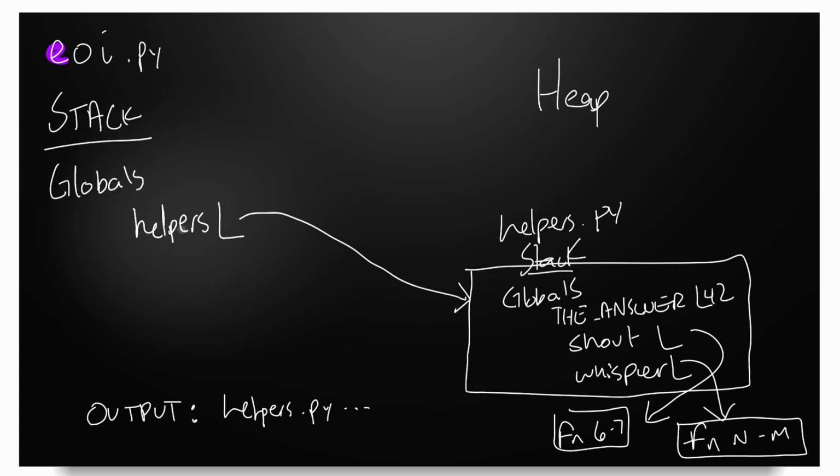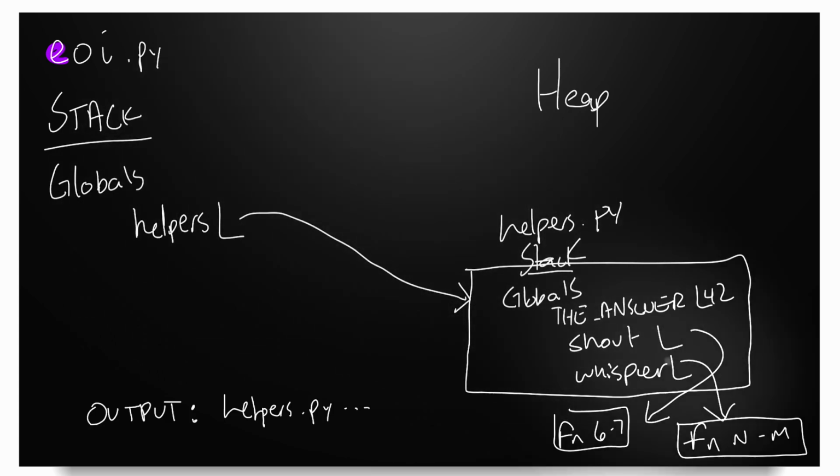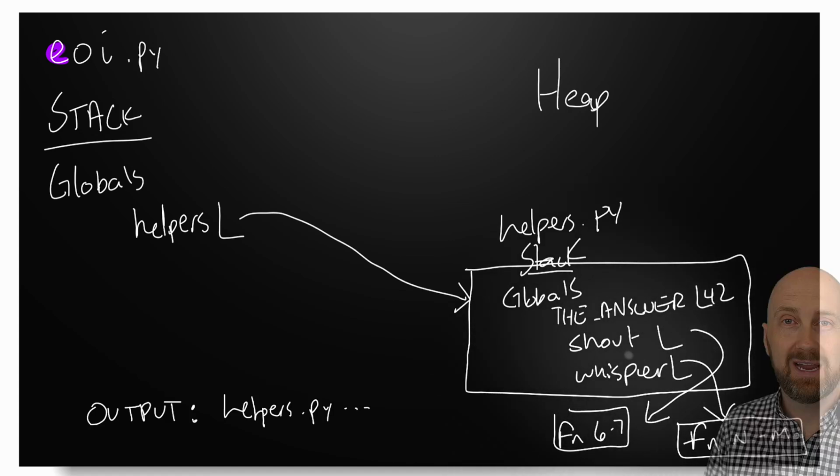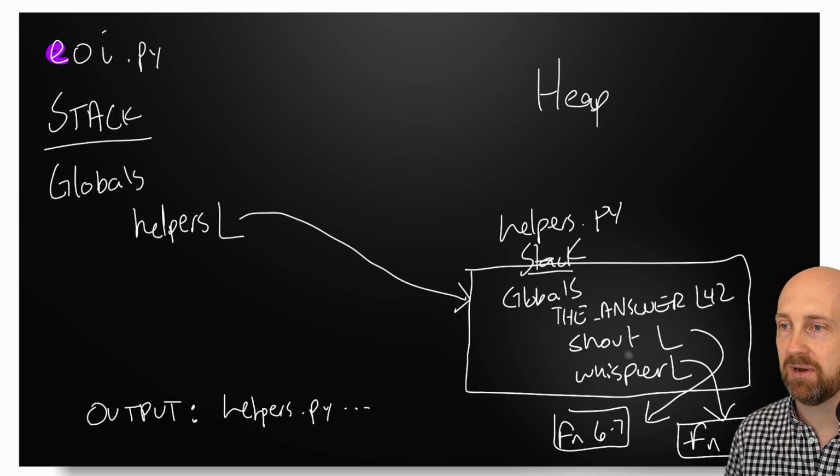And this is why when we later say in our program, helpers.shout, that is helpers, and then we follow the arrow dot, and then shout is this function, and we know exactly where that's defined. And so we're able to map all of this up together, all right?